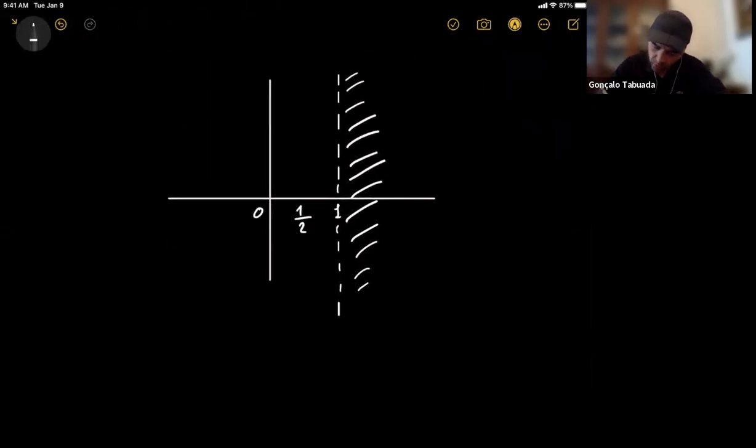It actually has a pole at 1, which is a simple pole.